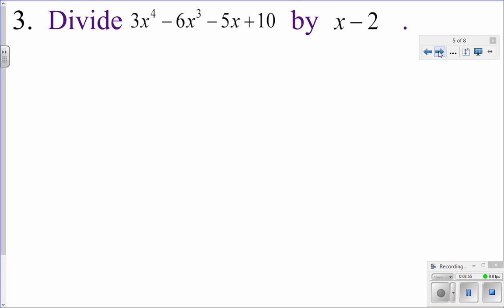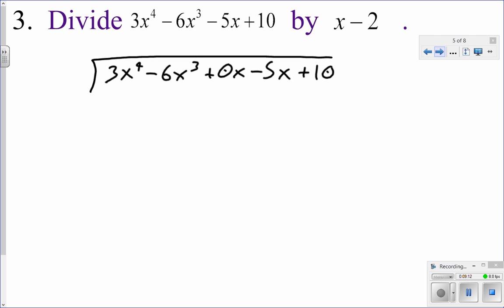I'm going to divide 3x to the 4th minus 6x cubed. I don't have a squared term, so I'm going to do a plus 0x squared, and then a minus 5x plus 10, and I'm going to divide it by x minus 2.